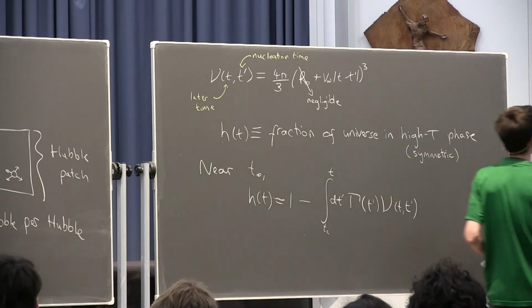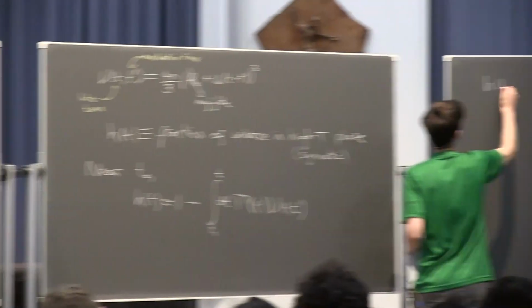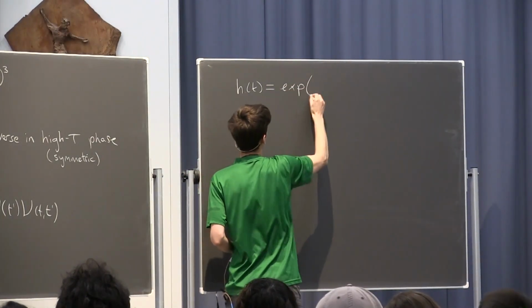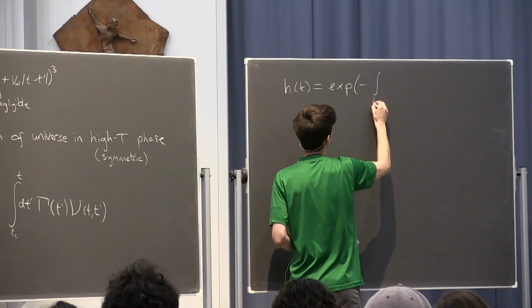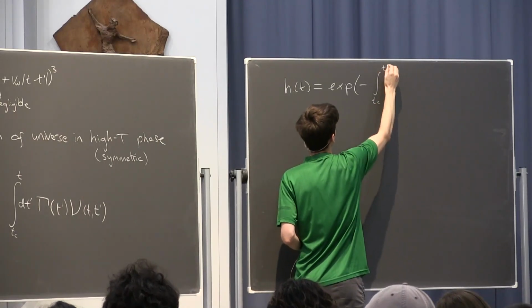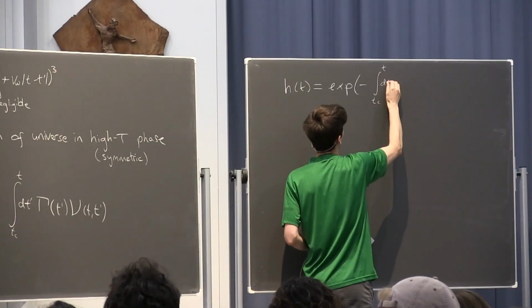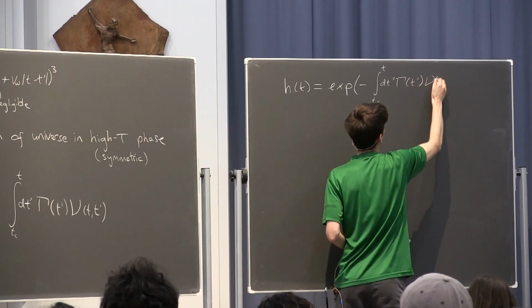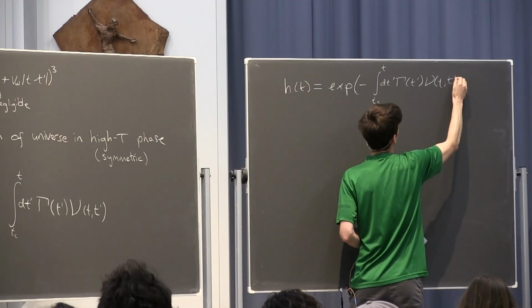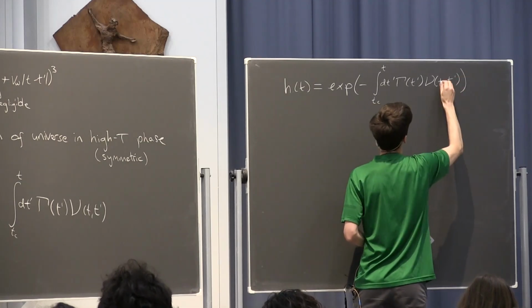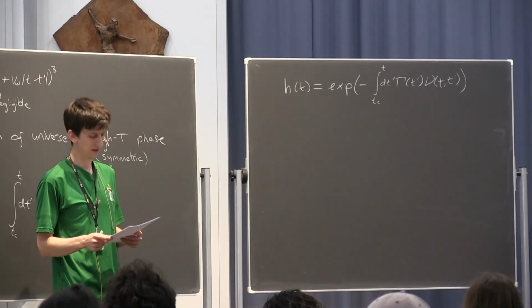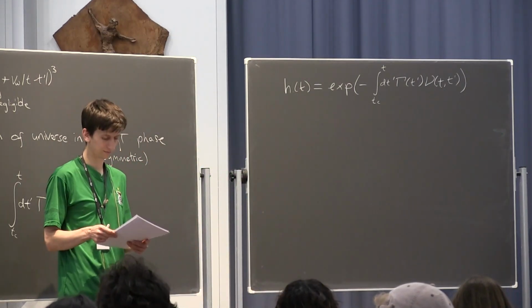So actually, what we find is the exponential of minus the integral from Tc to T of this same quantity. And this is the fraction of the universe in the high temperature phase.